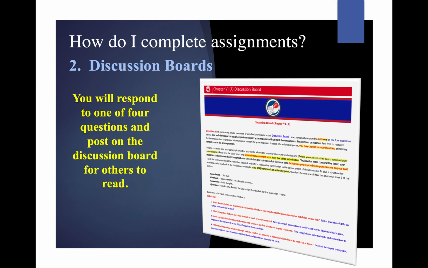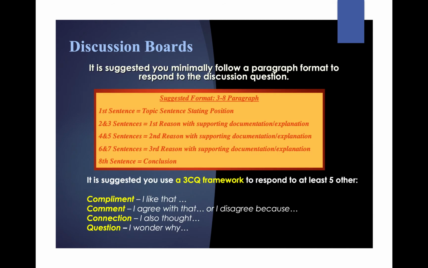On the discussion boards, you will respond to 1 of 4 questions, as we said. Everybody will get to read your post and respond to it. You will get the same. I want you to respond up to a minimum of 5. When you write your paragraph, again, I suggest a minimum 8-sentence paragraph, where you write a topic sentence, then give us 2 sentences on the first thing that you've talked about in this activity.